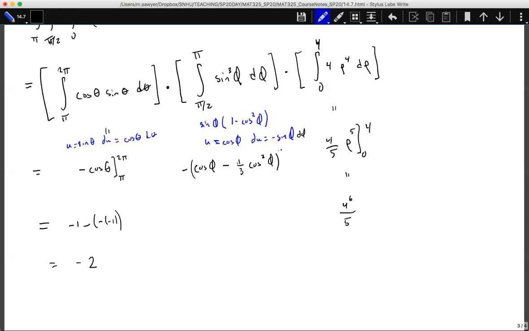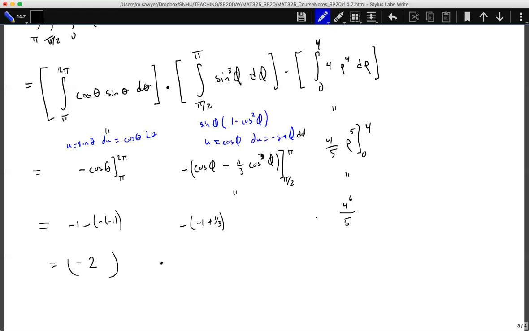And so this is evaluated from pi over 2 to pi. At pi, cosine is negative 1, minus 1/3, but that becomes plus 1/3. And at pi over 2, cosine of phi is 0, so that drops off.